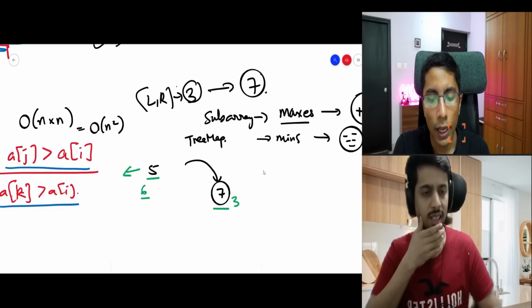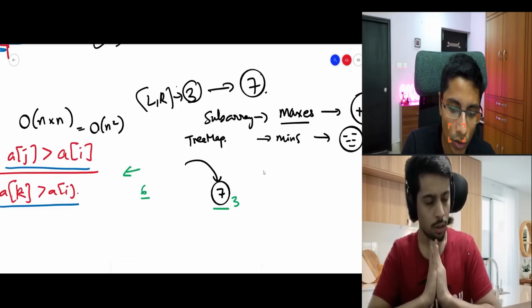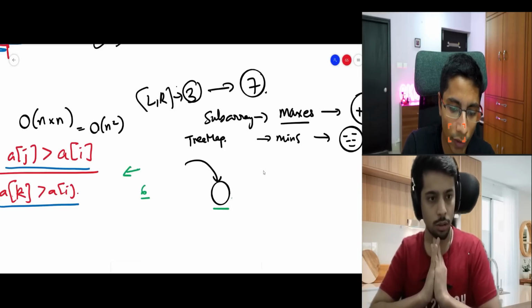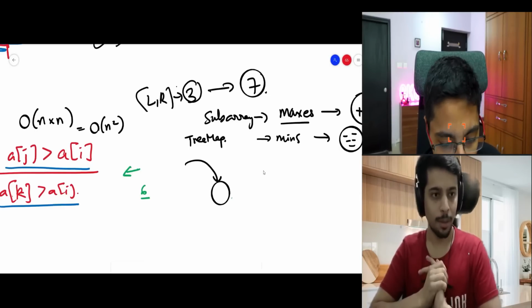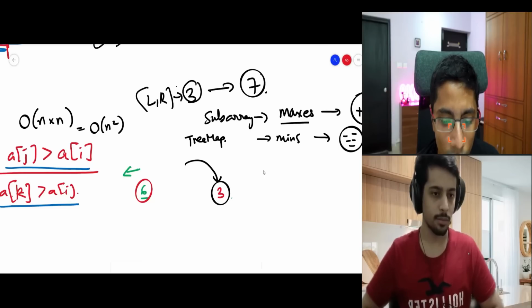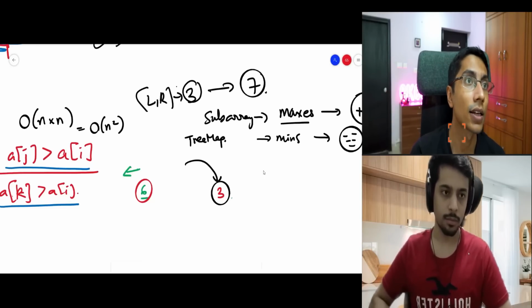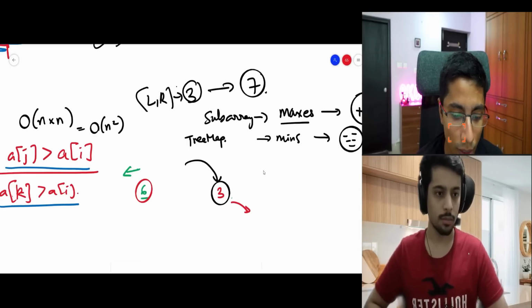I think this will work. Actually, I don't need to store the values, I need the indices. So 6 is the index, and you have 3 over here. Find me the greatest index greater than 6. Oh, I'm the greatest, so basically the end of the array.